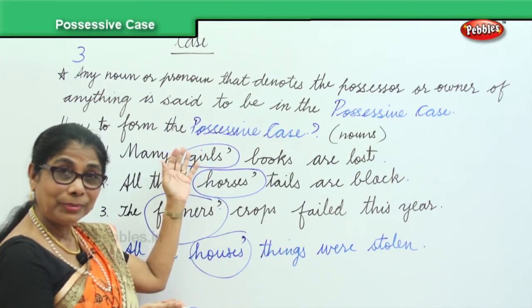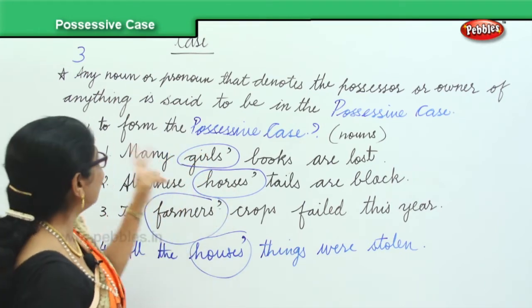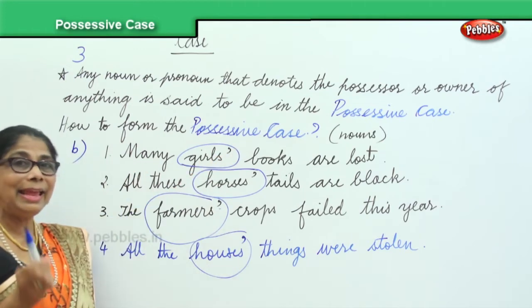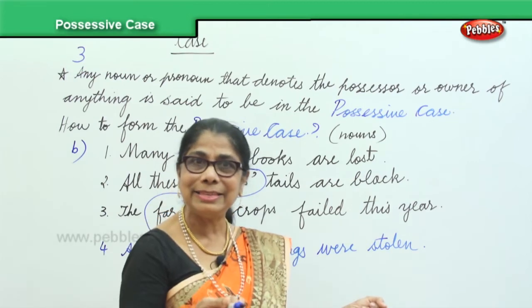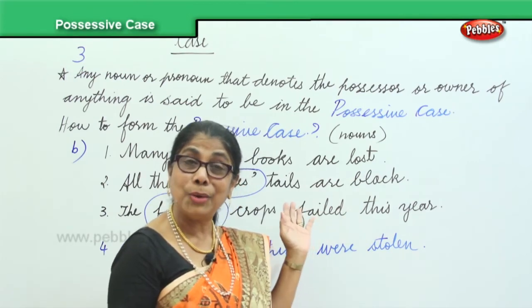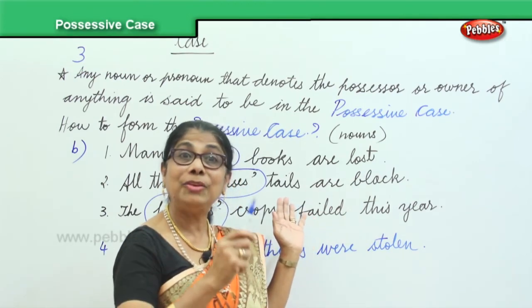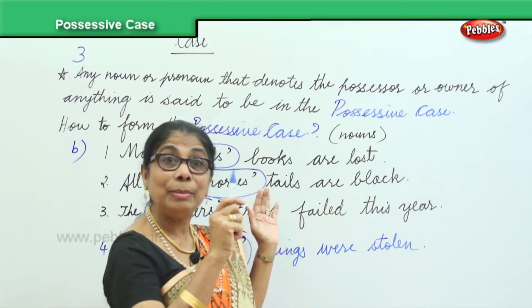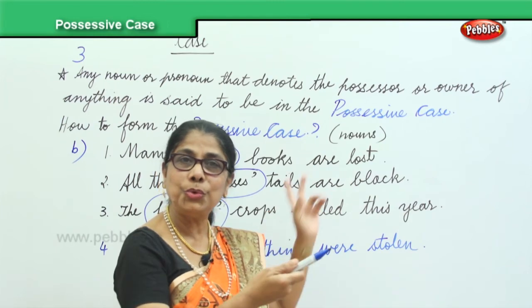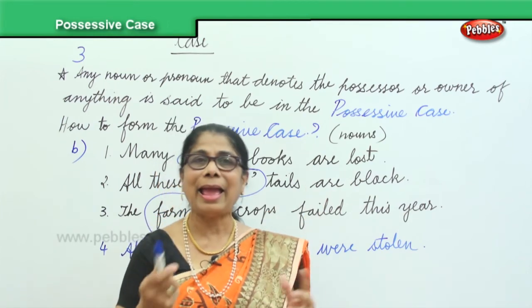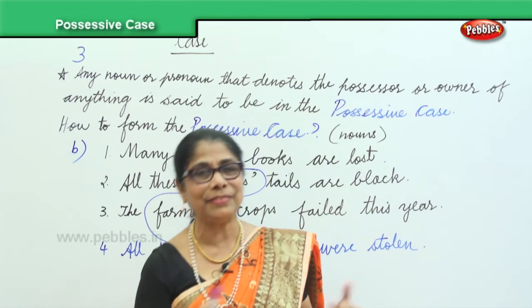Plural noun. So there are two ways of forming possessive case. In the singular noun, the apostrophe, then the S is formed. In the plural noun, you put S and the apostrophe comes after the noun. The two are the singular and plural possessive case.